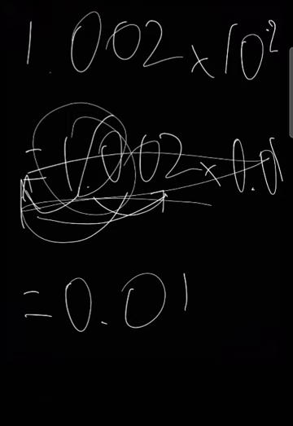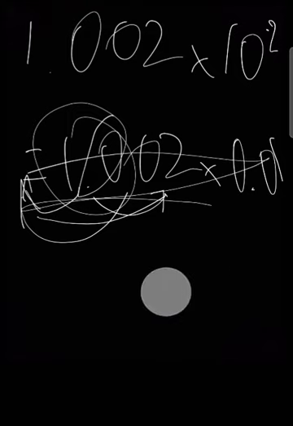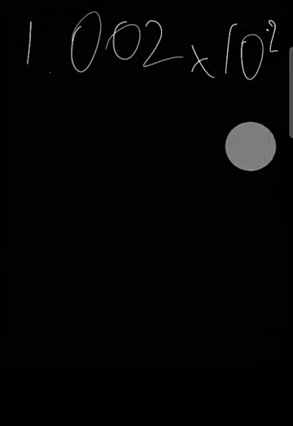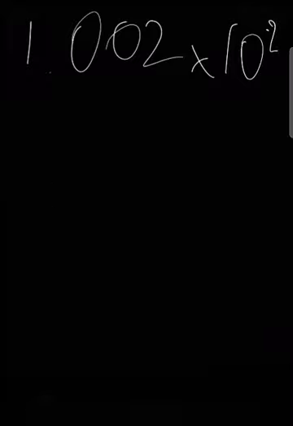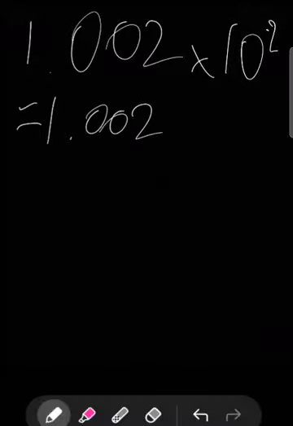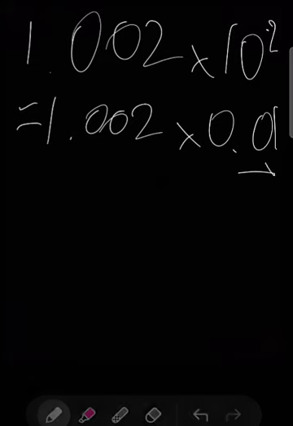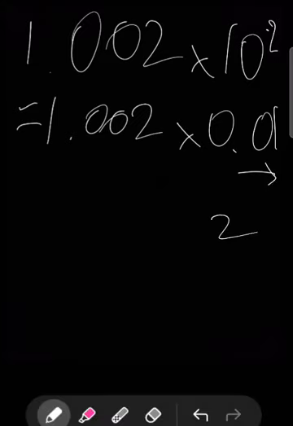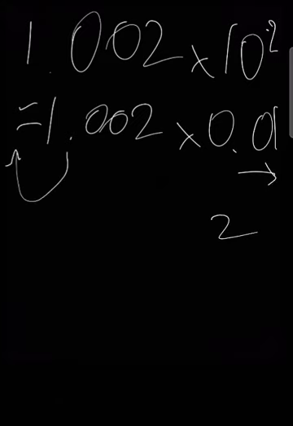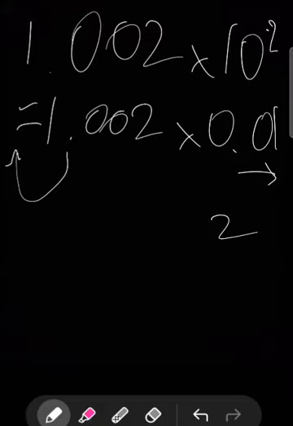So, geez, okay. Let's erase this. We've got this all kind of scribbled up here. So that will be equal to 1.002 times 0.01. Now we have 3 decimal places over here, and then we have 2 decimal places over here. So we're going to move that decimal point 2 places over.